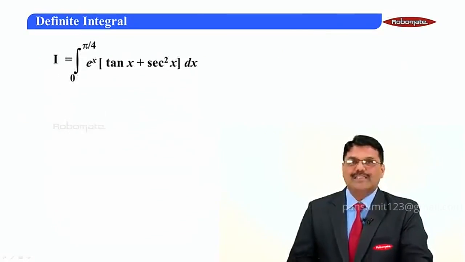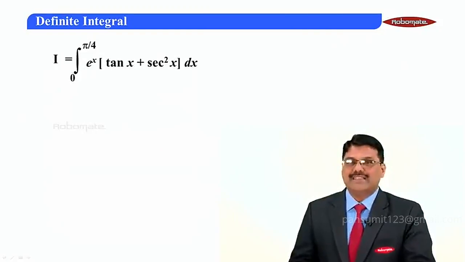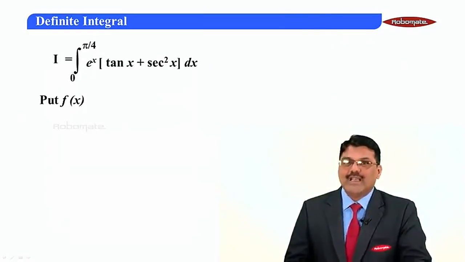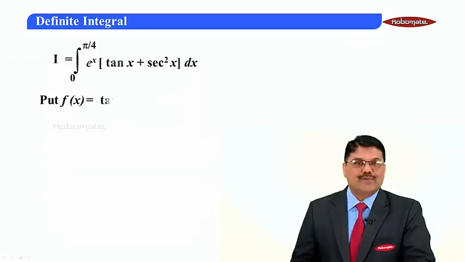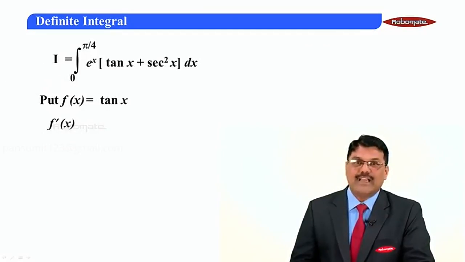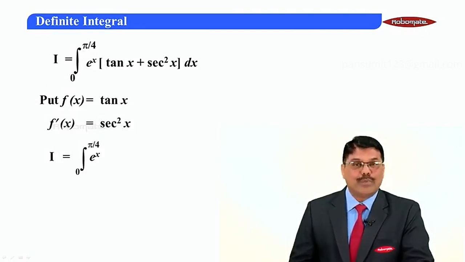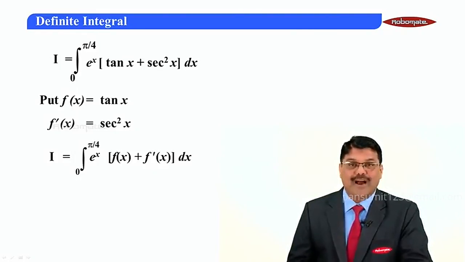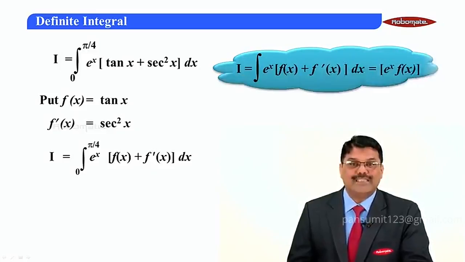Now look at this step. Inside the bracket it is tan x plus sec square x. If I consider this tan x as a function and differentiate with respect to x, I get f dash x equal to sec square x. So your problem will now become integration from 0 to pi by 4 of e raised to x, inside the bracket a function plus its derivative f dash x.